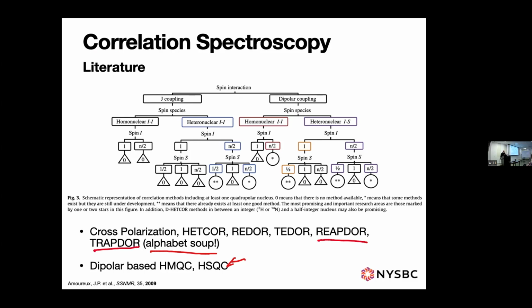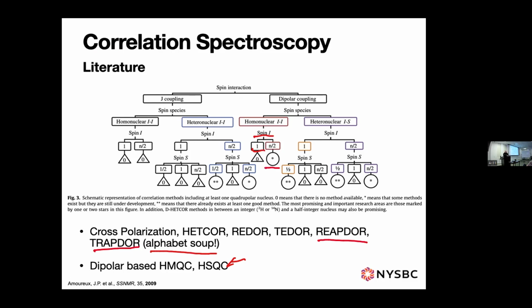I took this out of a review by Jean-Paul Amoureux, where he just looked at where things had been done and where things hadn't been done. It's from quite a while ago, from 2009, so more of this has been filled in since. I just thought it was a nice diagram. If we look at our spin being homonuclear spin I, if you're spin 1, there was nothing out there at the time that correlated deuterons to deuterons in a homonuclear experiment.